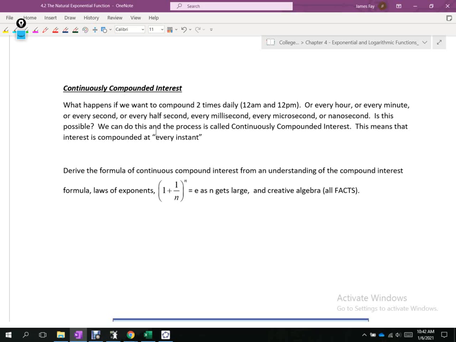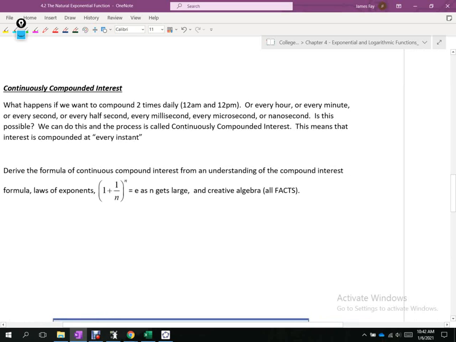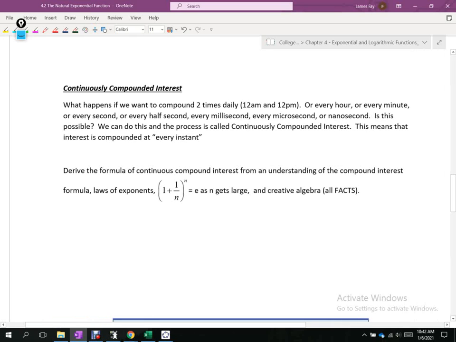I will provide you a printout, or I might just write it over here at some point in the next day or so, the proof of this. But what happens when we look at our formula that we talked about yesterday?